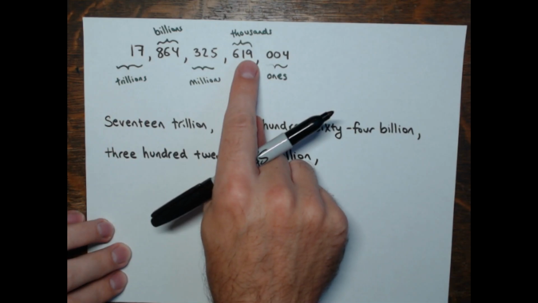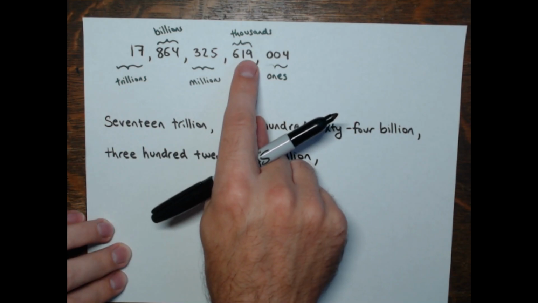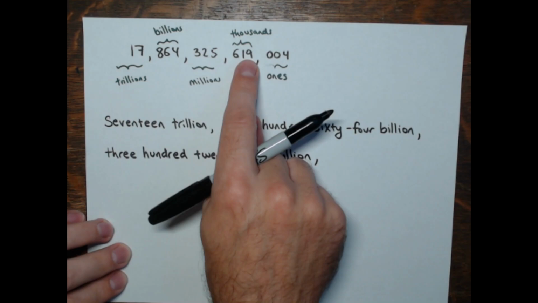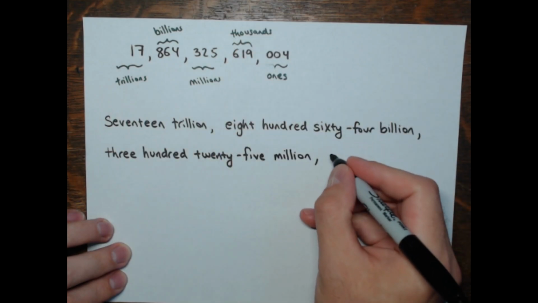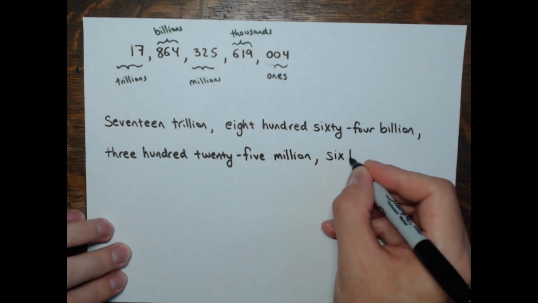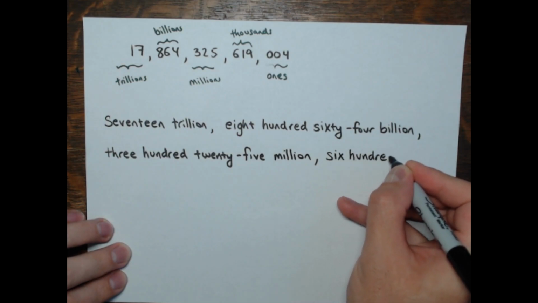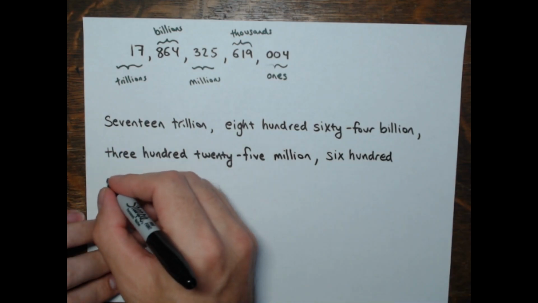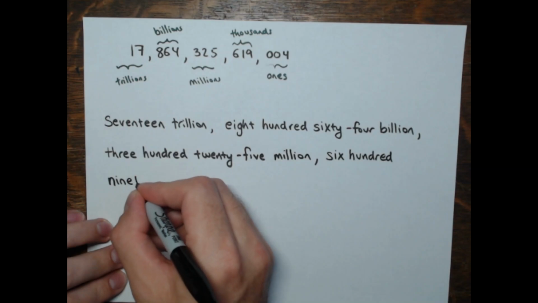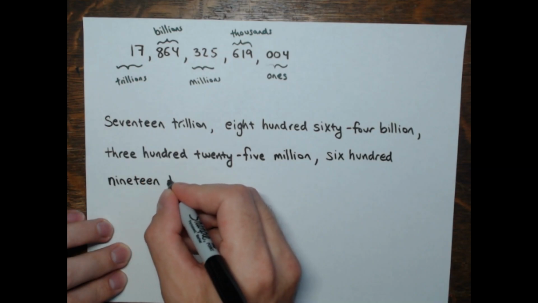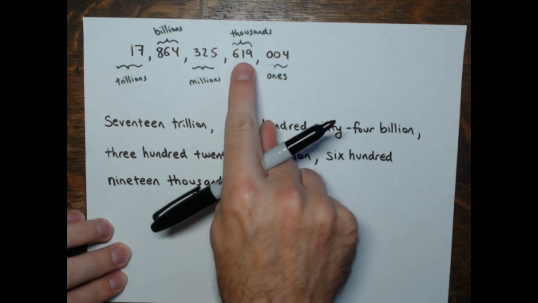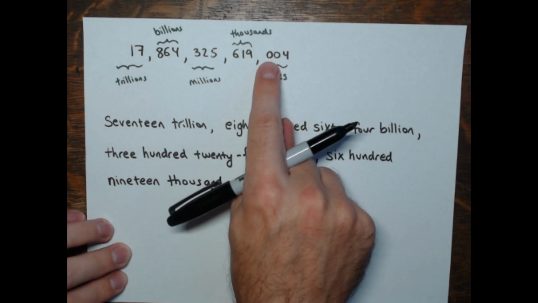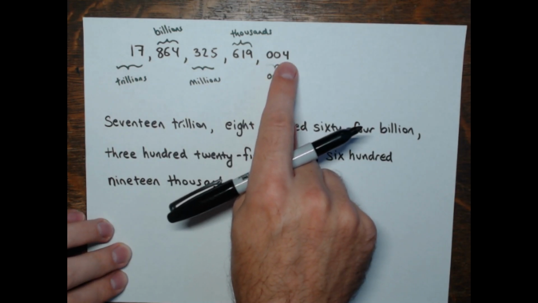Right, in the teens, there's no need for hyphens. It's 21 and later with the two-digit numbers that take the hyphens. 619,000. And then finally, there's no hundreds, no tens, just 4 ones.